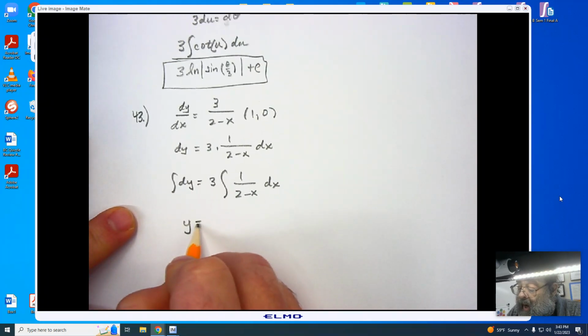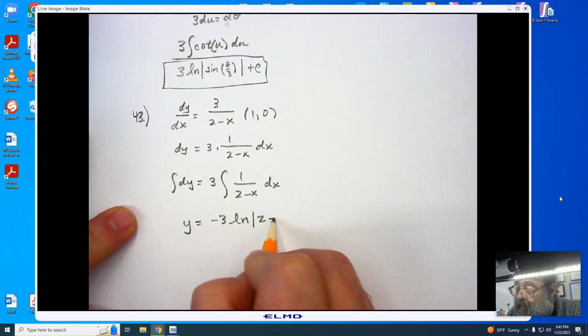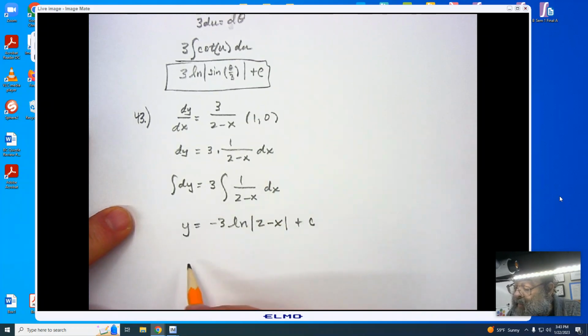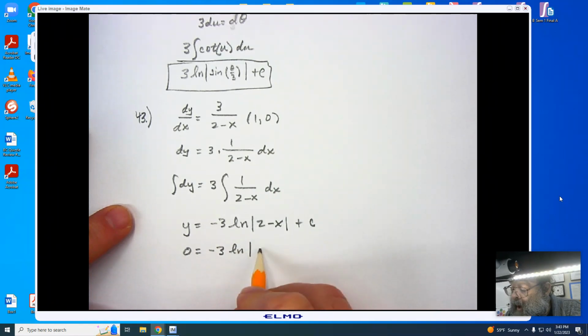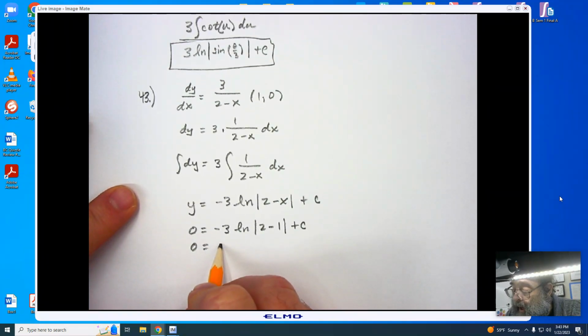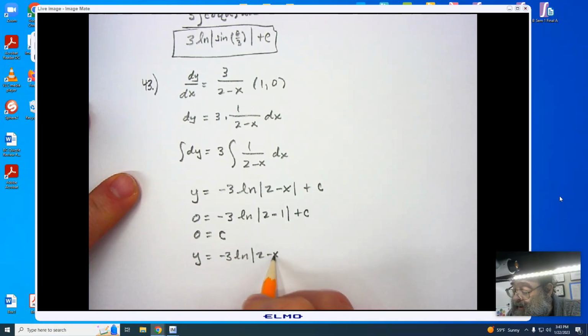This gives me y equals negative 3 ln of 2 minus x plus c. This is where we're going to have to plug in the point. We know that y equals 0, so 0 equals negative 3 natural log of 2 minus 1 plus c. 0 has to equal c, and I now have y equals negative 3 natural log of 2 minus x.